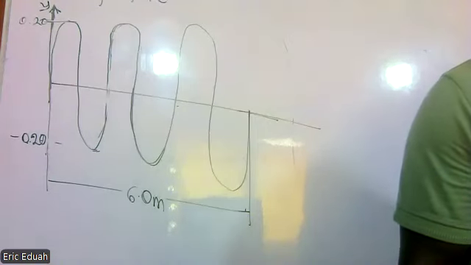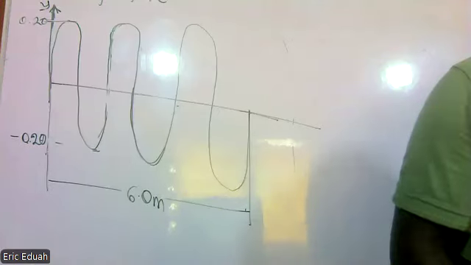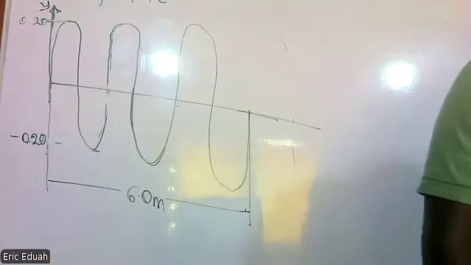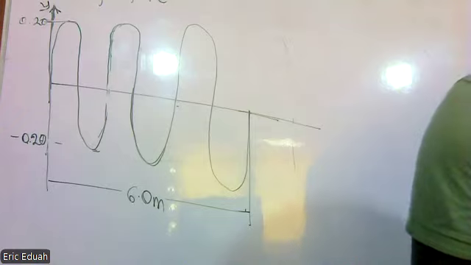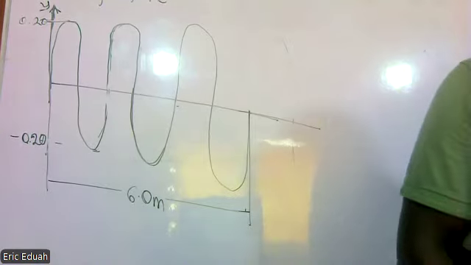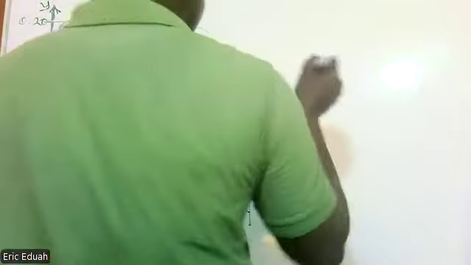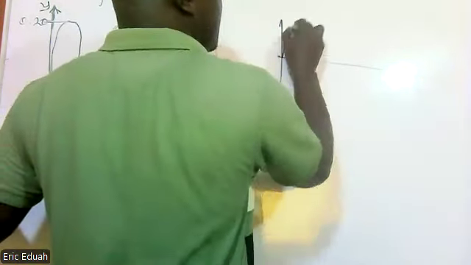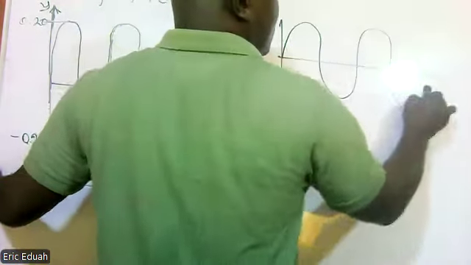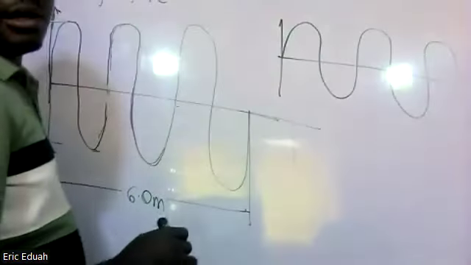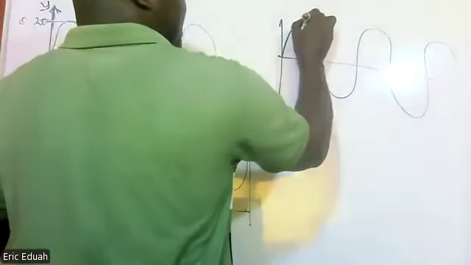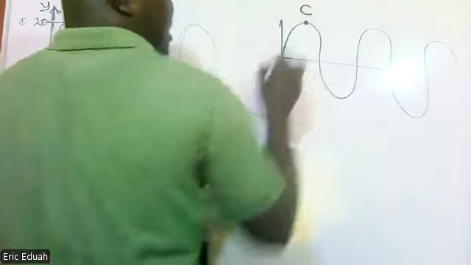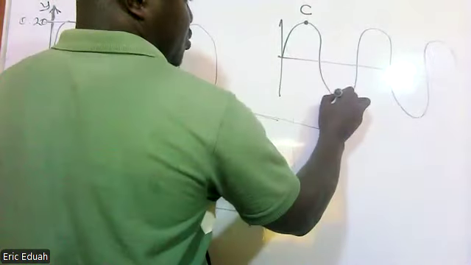So the distance between a crest and its adjacent trough. Let's do a quick sketch. The distance between a crest, this is a crest, and its adjacent trough.